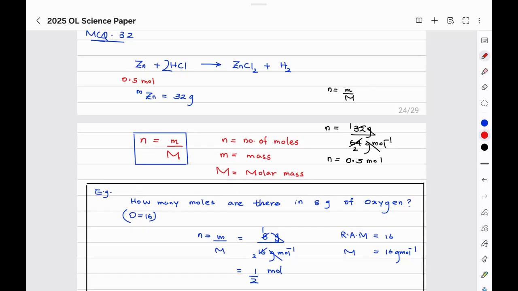How do you find that? I ask you a simple question. Number of zinc moles are 0.5. Then what is the number of moles of hydrogen that we can obtain?